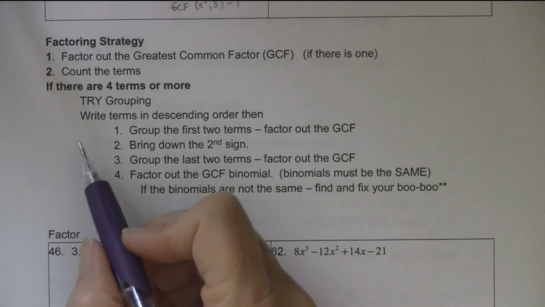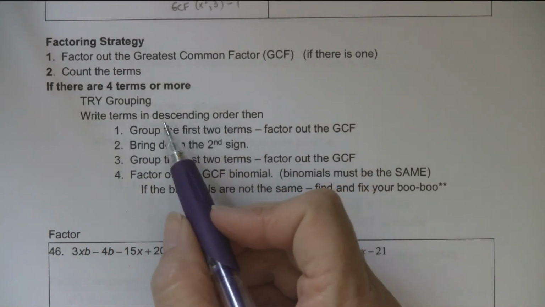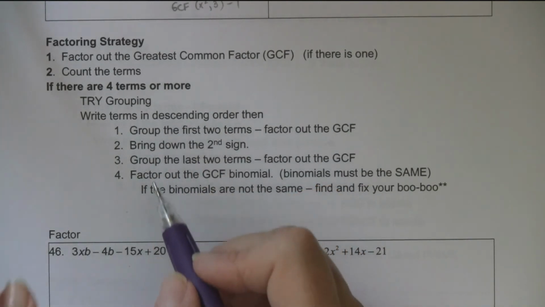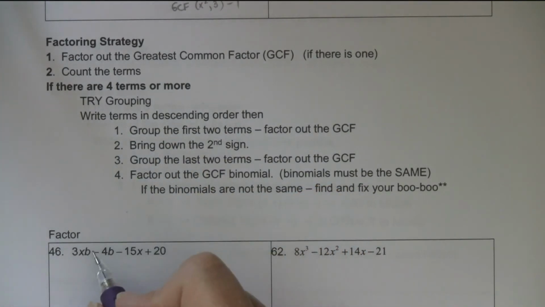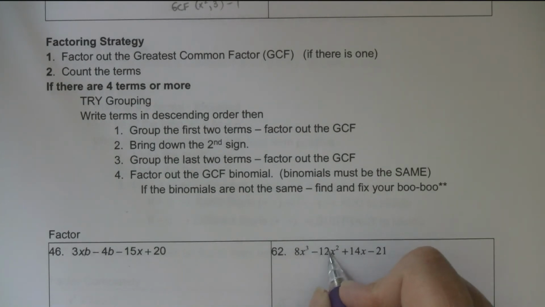And so if you can write them in descending order, that's best to do. If it has multivariable, then just leave them in the order that they're in. So this one has more than 1 variable. It has x and b, and so just leave it in the order it's in. Whereas this has 1 variable, so I would write it in descending order, which it is.